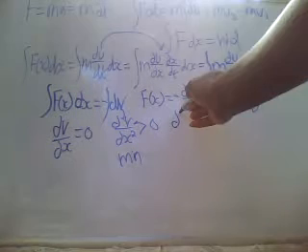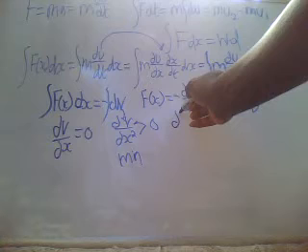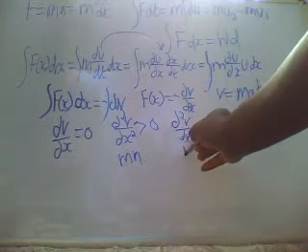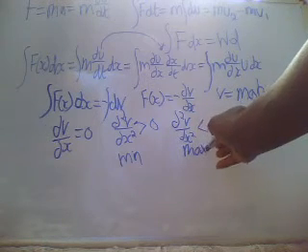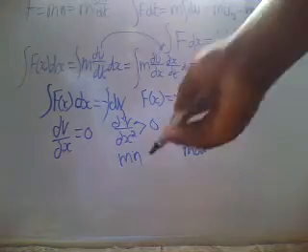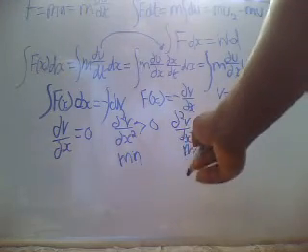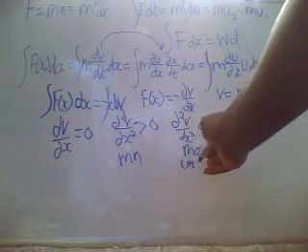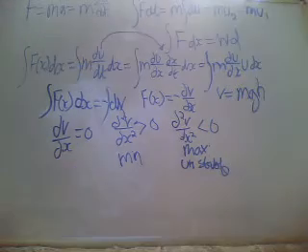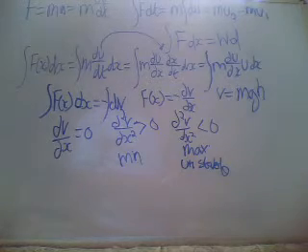If the second derivative d squared V/dx squared is less than zero, then this gives you the maximum potential, which means it's unstable equilibrium. That means your particle is in unstable equilibrium.